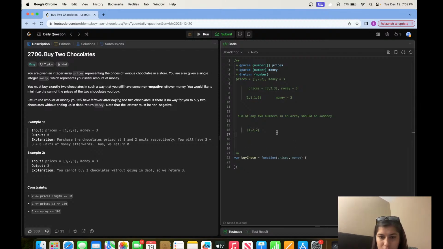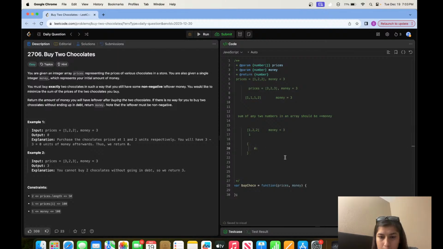Suppose money is equal to 3, then when I'm at this point, I can just say that okay, this is 1, so any other number should be 1.